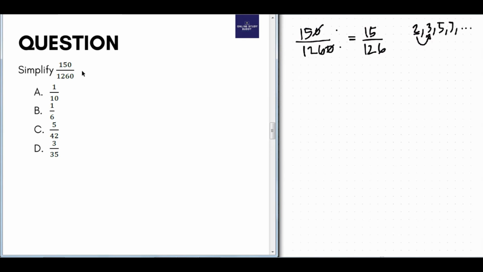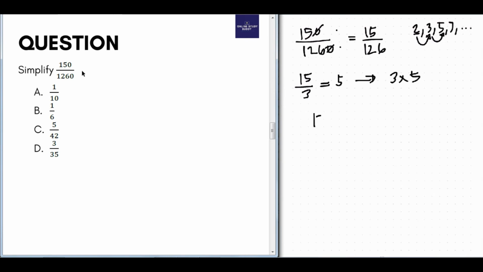Then, if hindi na divisible by 3, sa 5, and so on. So, in this case, yung 15, hindi siya divisible by 2. So, proceed tayo sa 3. So, 15 divided by 3 equal siya sa 5. So, 5 is prime number na. So, yun na yung prime factors niya. 3 times 5.